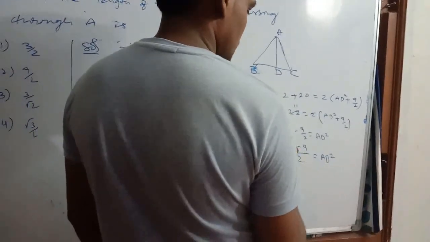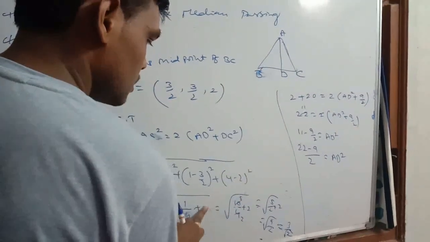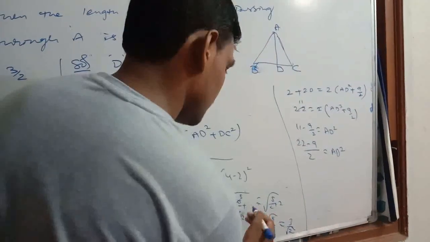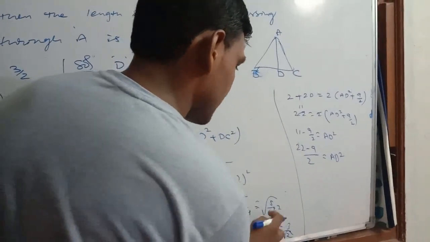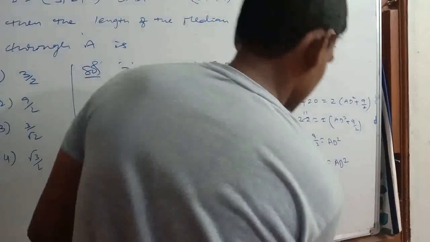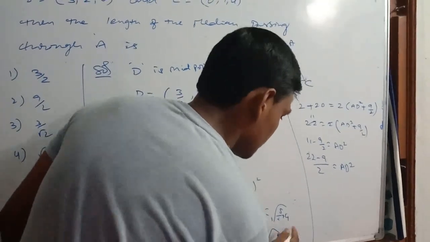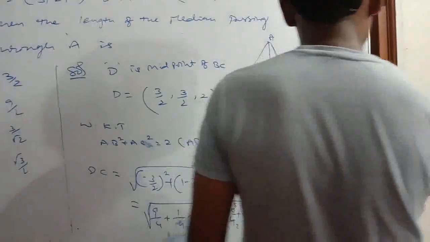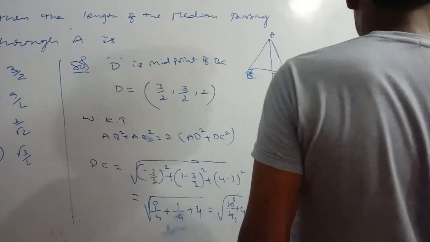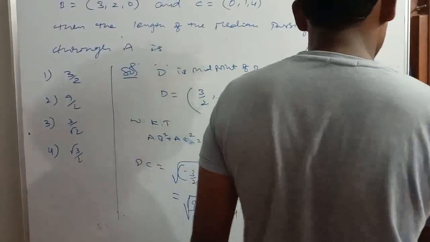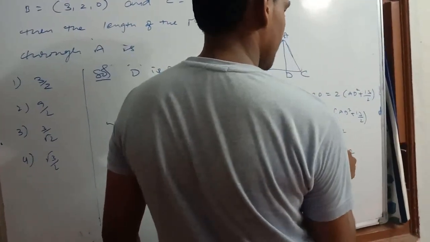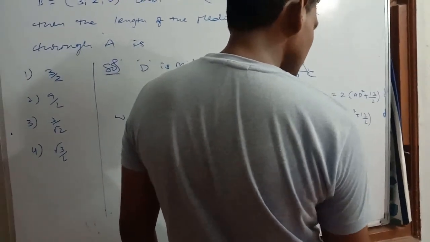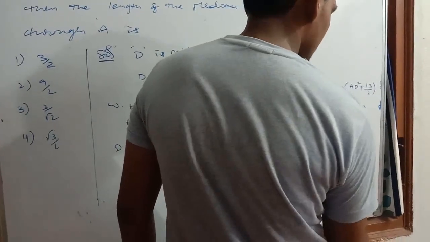Now here this is 13 by 2. Now 13 by 2 minus 9 by 2, which is equal to 9 by 2, is equal to AD square.